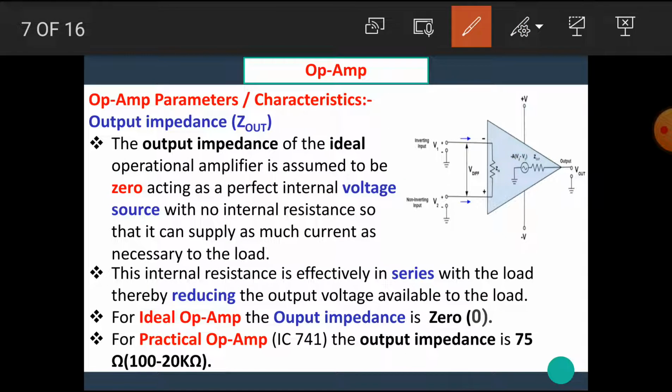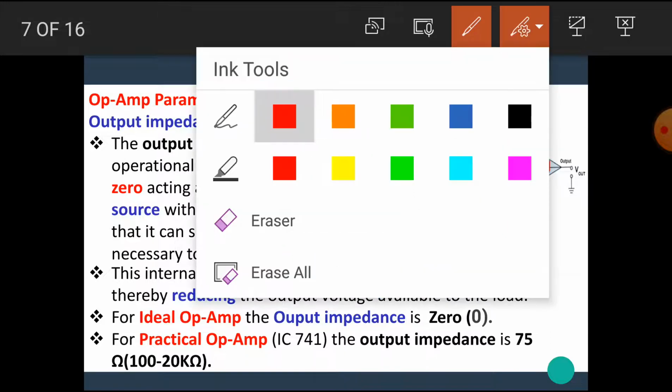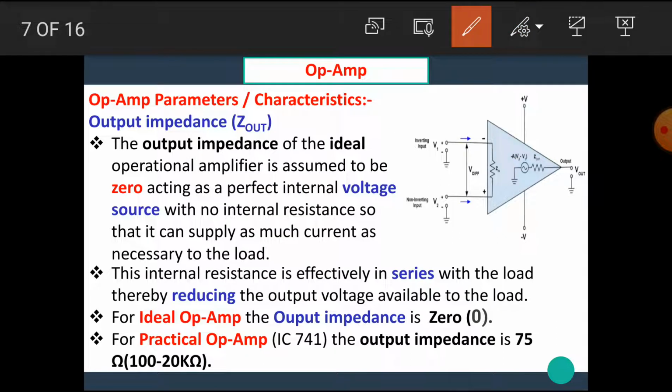Okay, that means to supply more current to the load, the value of Z out should be 0. This internal resistance is effectively in series with the load, thereby reducing the output voltage available to the load. This Z out is connected in series with the load. Okay, I hope you all understand this.